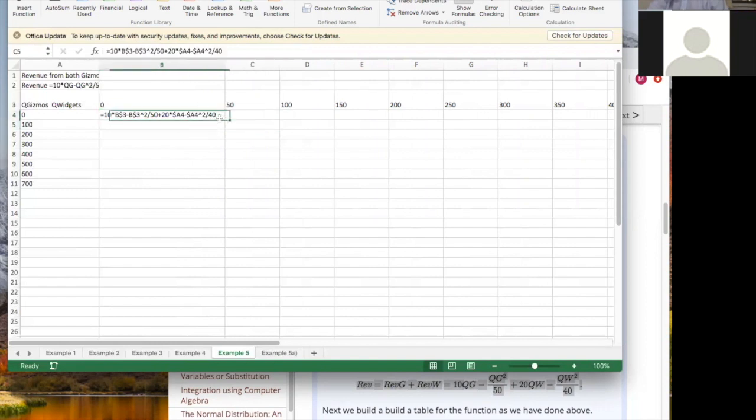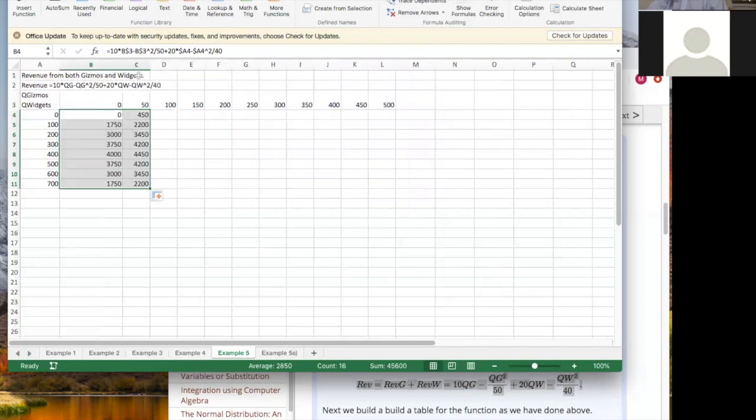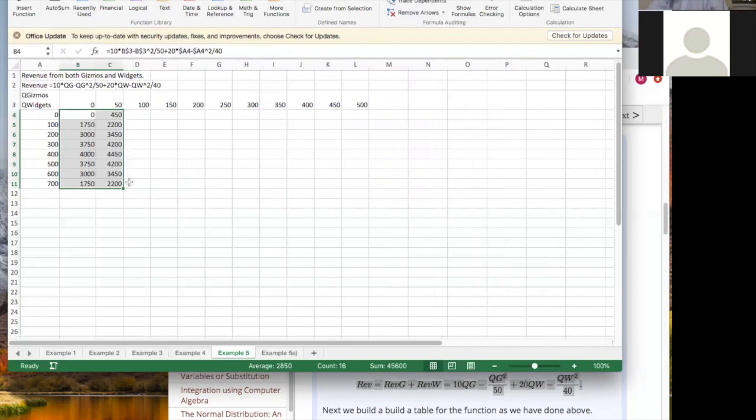The point is that I can drag down and drag across, and the quantity of gizmos will change as I drag down. The quantity of widgets will change as I drag across. I'm going to unshow the formula and produce a table like this.